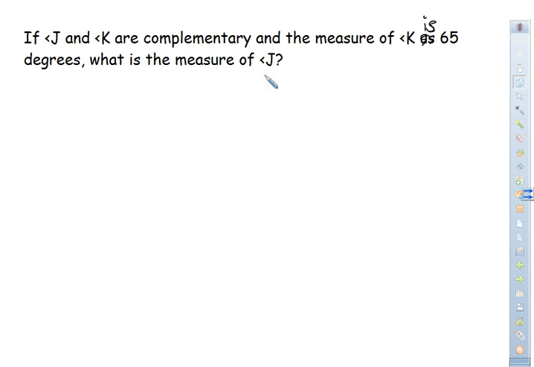Okay, so if we know angles J and K are complementary, that means when they're added together, they will equal 90 degrees. And the measure of angle K is 65 degrees. We need to find the measure of J. So it is going to create a 90-degree angle like this, and I'm going to put my angles on here. 65, I'm going to say, is about right here.